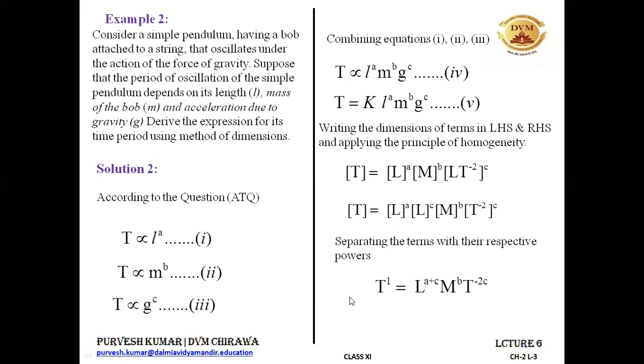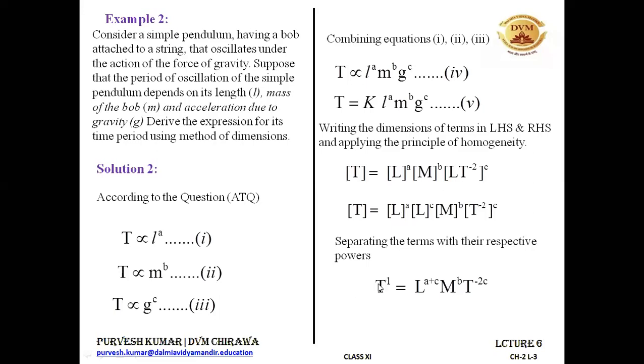Now we need to compare the power towards the left hand side as well as towards the right hand side. All right. So by comparing, we can see this, that towards the left hand side, L is not involved. It means L is having power 0 over here. Similarly, M is not present in the left hand side equation.